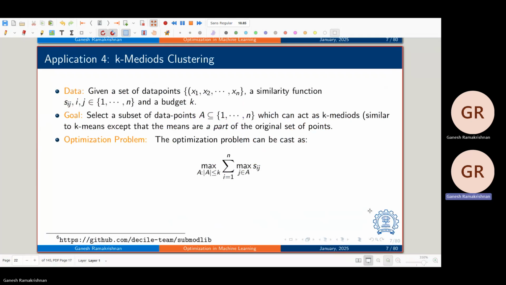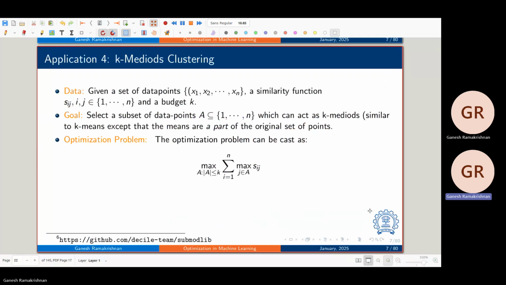This is another notion of similarity. So you can clearly see this similarity is higher, right? So what we are saying is across all the J's, find the most similar point, which will give you this Xj. But that's not sufficient. I want to do this across all the I's, right?